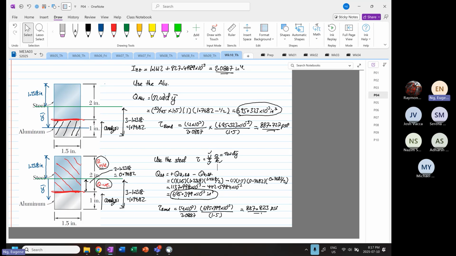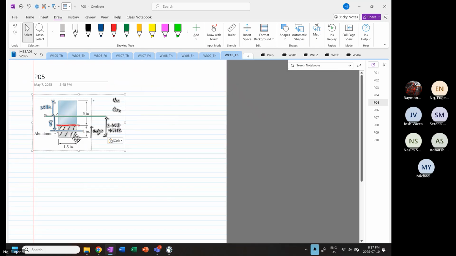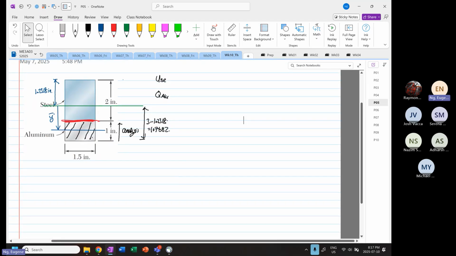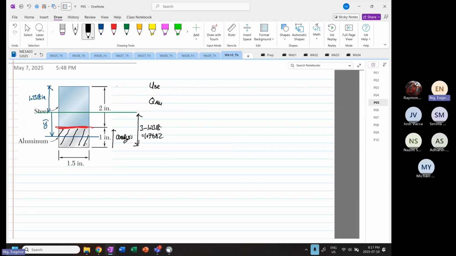The maximum at the centroid, okay? So we can now find the maximum. The maximum will occur at the centroid.